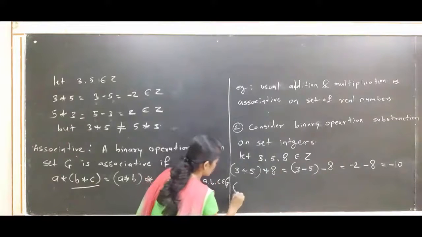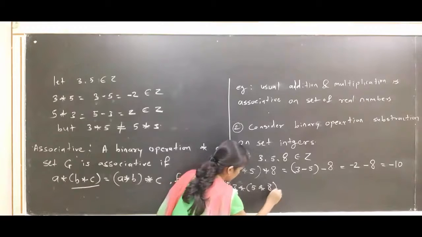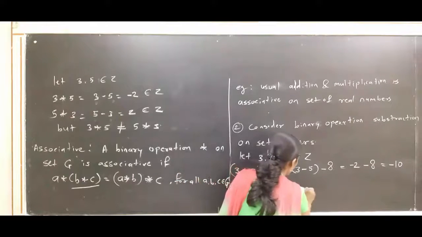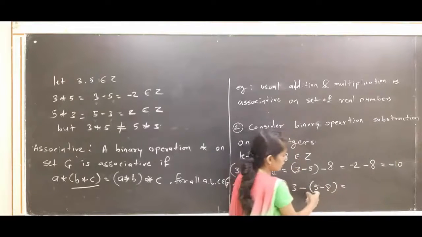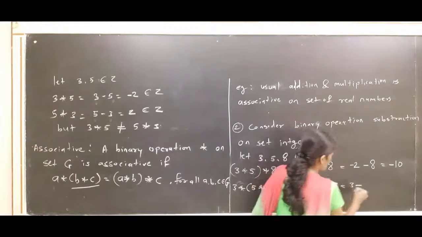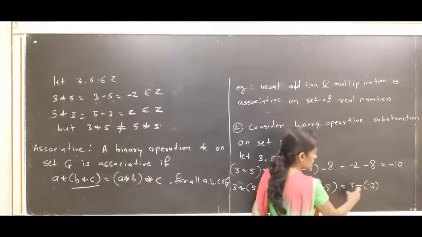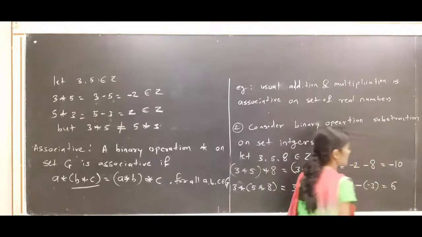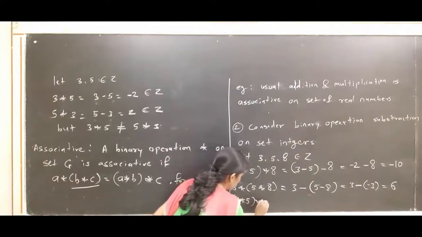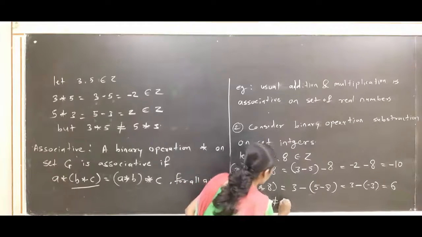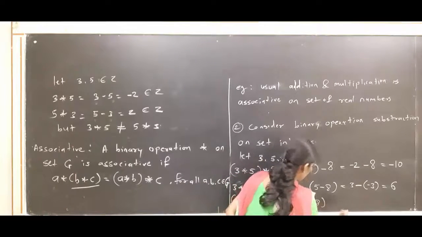Okay, now next, 3 star (5 star 8). Here binary operation is subtraction. So apply this here. So 3 minus (5 minus 8). First of all solve this bracket. So we get 5 minus 8 is minus 3. So 3 minus minus we get plus. So 3 plus 3 is 6. So here (3 star 5) star 8 is not equal to 3 star (5 star 8).